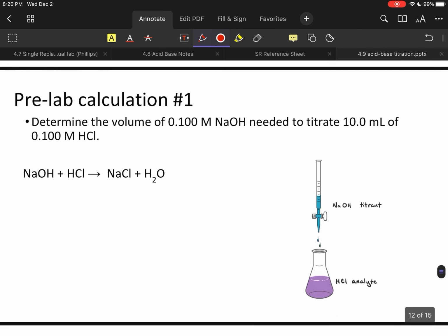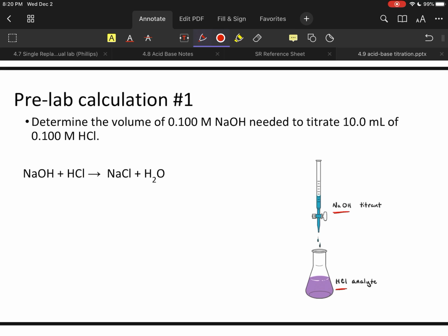So let's do a practice calculation here. I have a setup. I have sodium hydroxide as my base, as the titrant, and I have HCl as my acid.